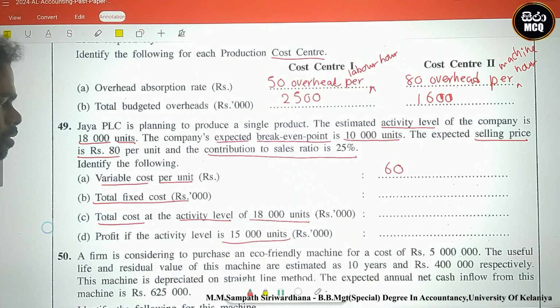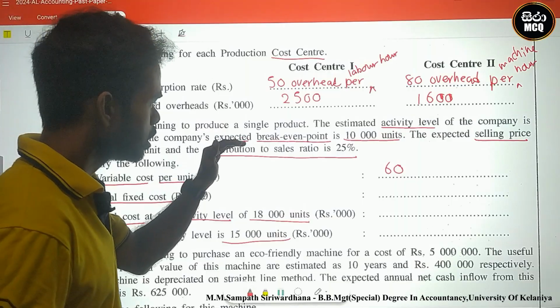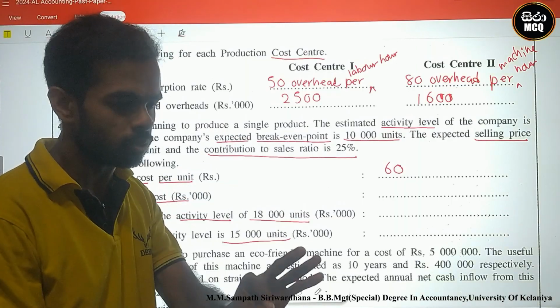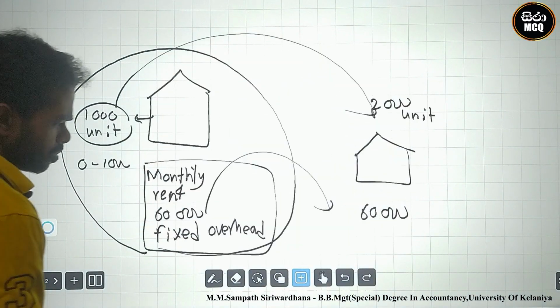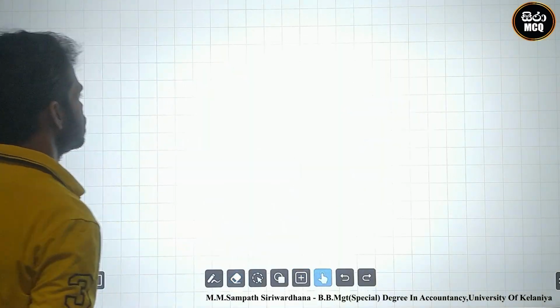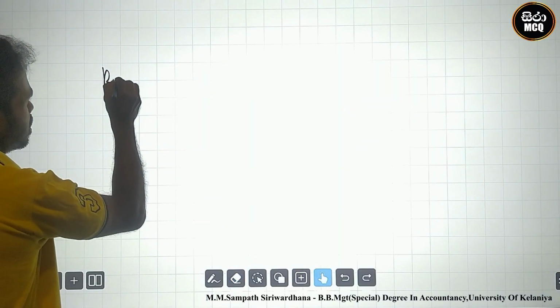How can we calculate it? You know, the expected break-even point is already given. How can we calculate the break-even point in units?